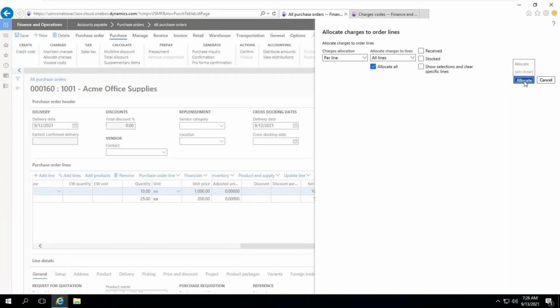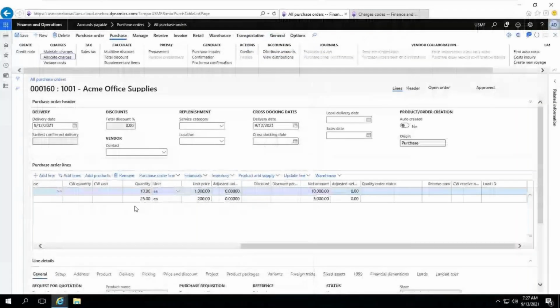So what happens now? This $150 is split into 2 lines, meaning $75, $75. Look at this one. Now on the first line, if you click on purchase financial charges, it will be removed from the header.